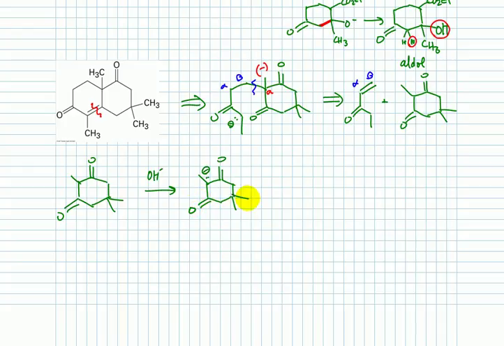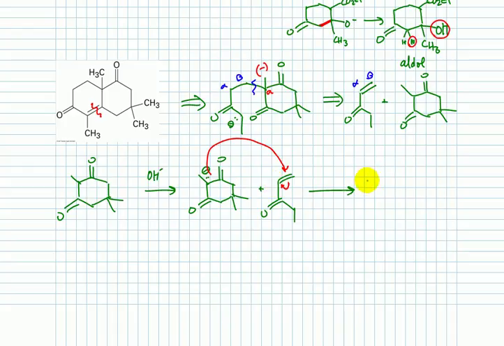Okay, we add that to our enone. Remember what happens there. We get addition to the beta carbon of the enone. It makes a C- on that alpha, but that just gets protonated again.